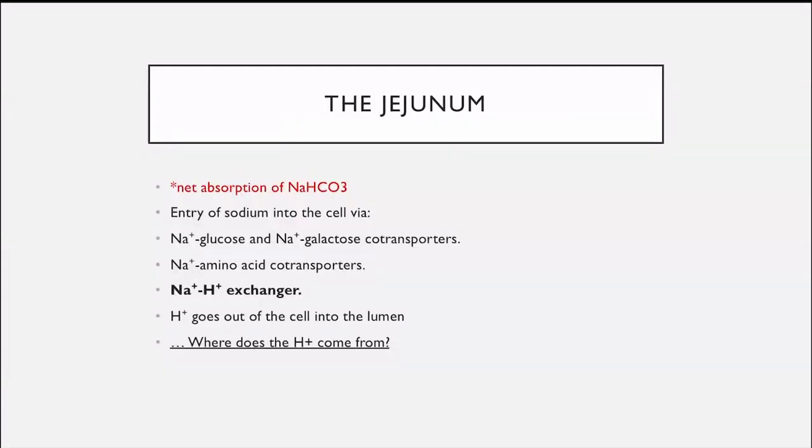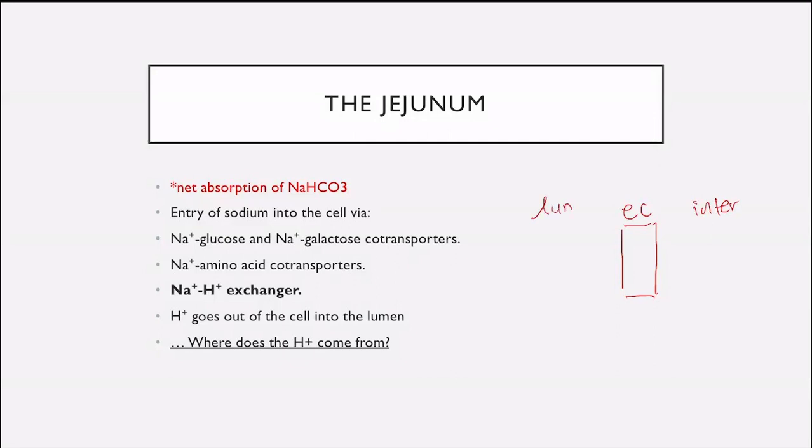So the jejunum. Now, this is very important. In the jejunum, you have net absorption of sodium and hydrogen carbonate. So let's draw it out. We have the cell, this is the epithelial cell, and we have the interstitium.